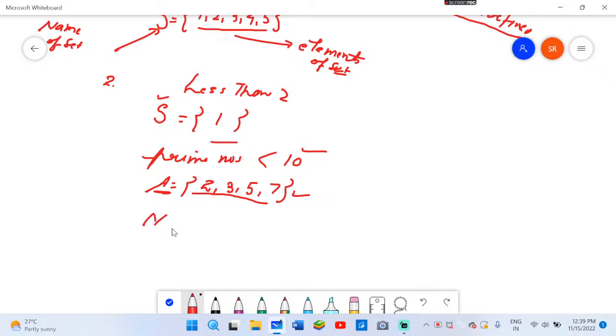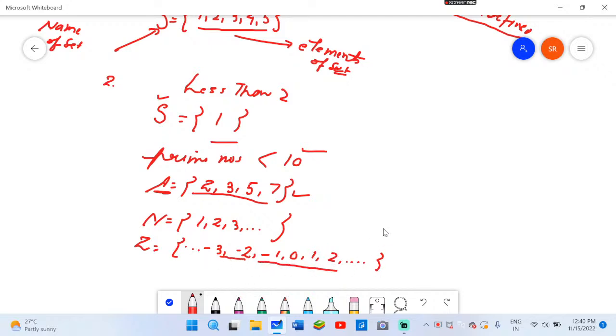Set of natural numbers: one, two, three, dot, dot, dot. These 3 dots indicate that it is endless. The same pattern continues. Set of integers: -3, -2, -1, 0, 1, 2, onwards.